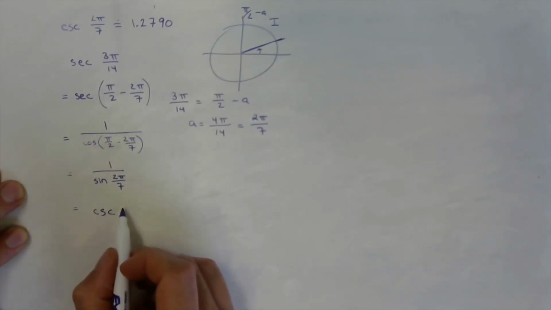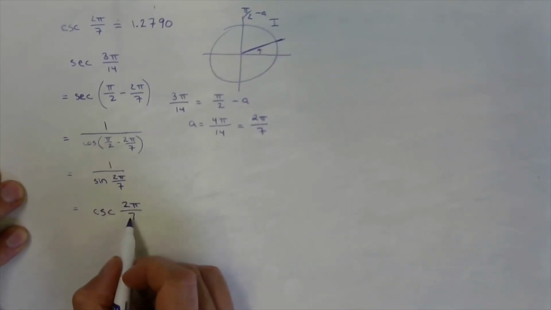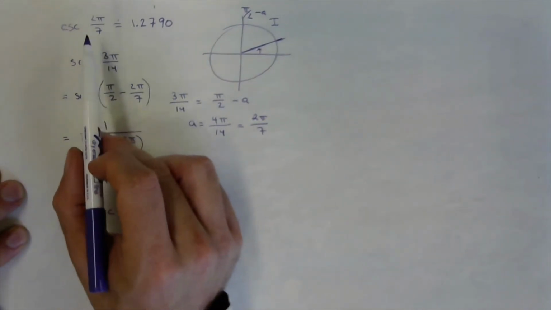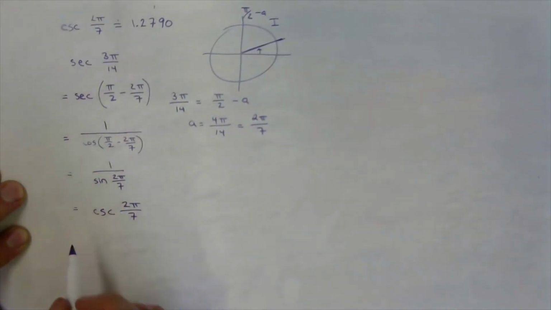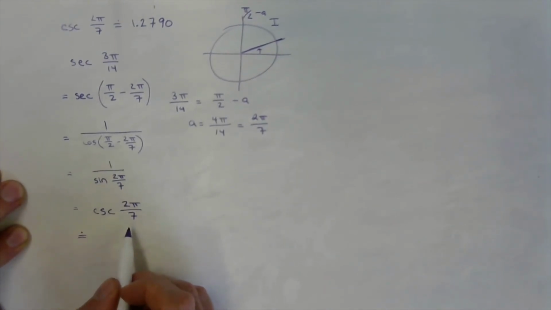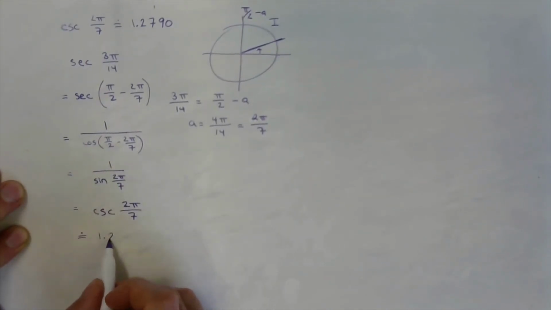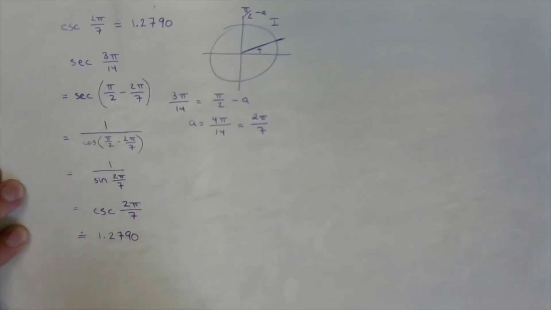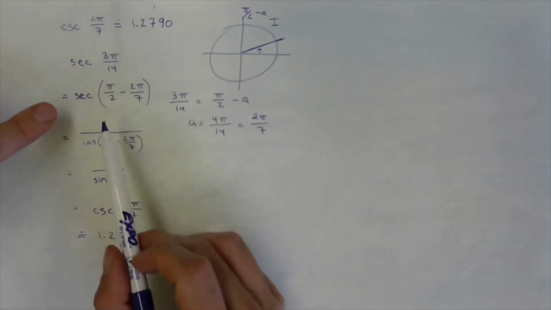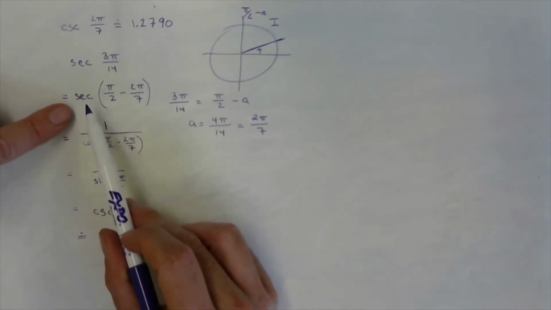So we end up with the cosecant of 2 pi over 7, which is convenient because that's what they gave us to start with. So we have the cosecant of 2 pi over 7, which we know is approximately 1.2790.